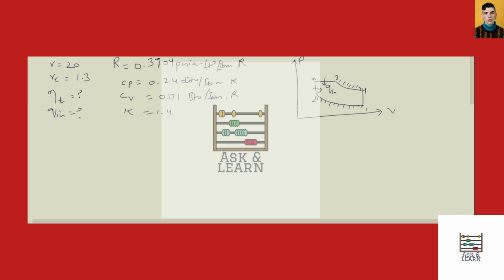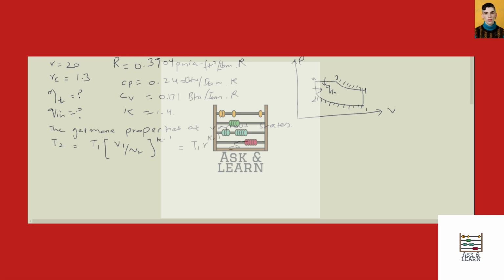So now working around the cycle, the germane properties at the various states are: first we will find T2, which is equal to T1 times (V1 over V2) power k minus 1, which is equal to T1 times R power k minus 1.